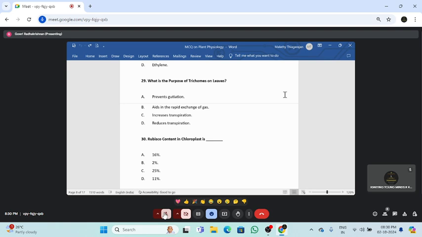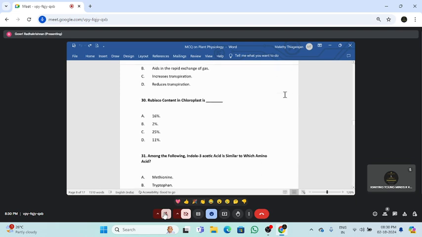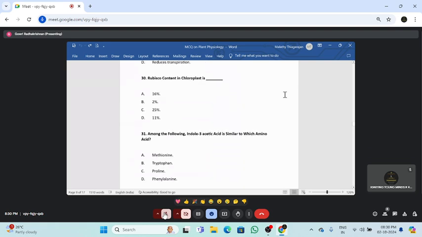Reduces transpiration. Option D. Rubisco content in chloroplast is how many? Can you just guess the percentage? Option A, ma'am. 16%, yes.